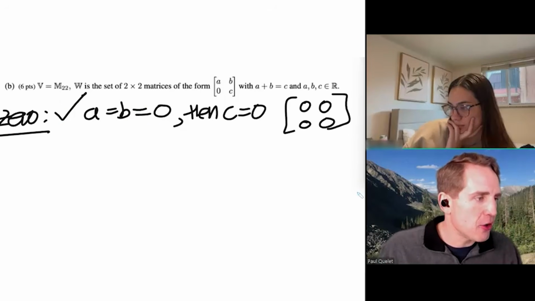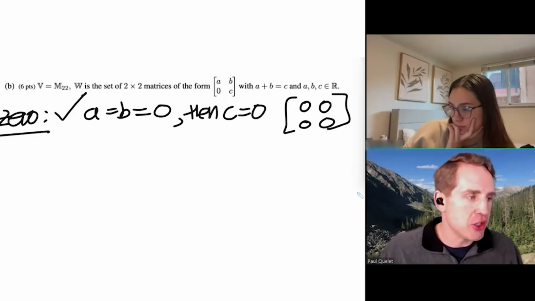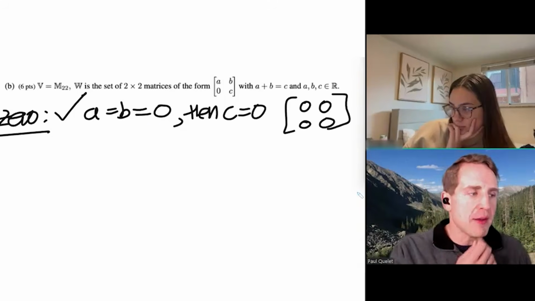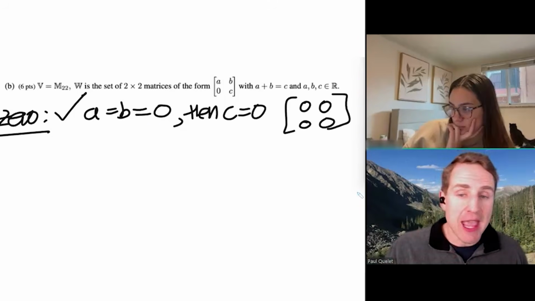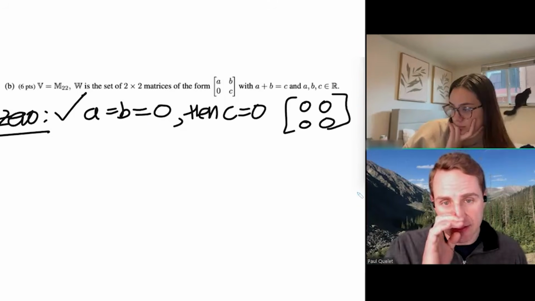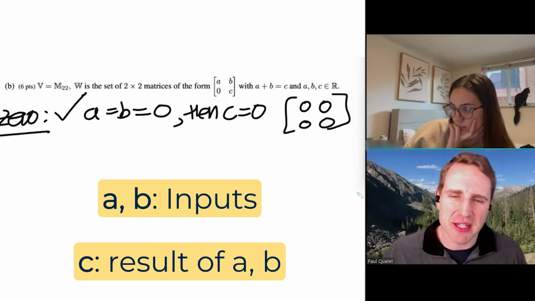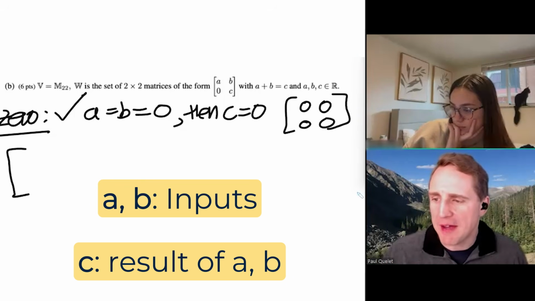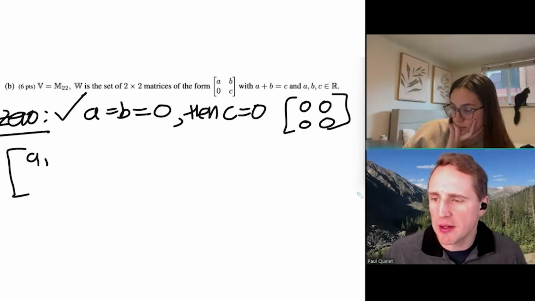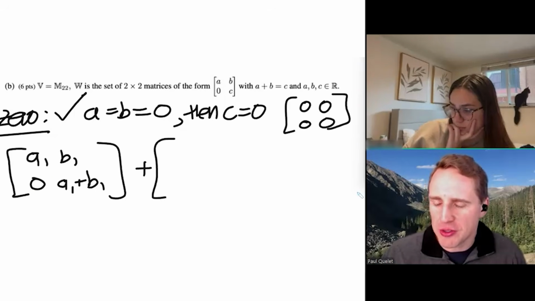Then let's consider closed under addition. So when we do that, let's consider two different A's and two different B's. Especially given this right here, you think of A's and B's as basically the inputs and C is what results from A and B. So if I have this matrix, A1, B1, 0, then this entry would be A1 plus B1. Then we're going to check if it's closed under addition.